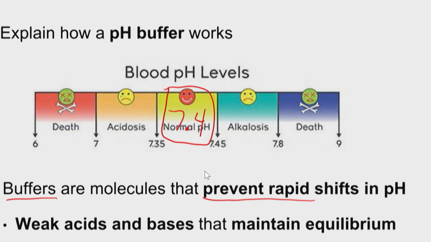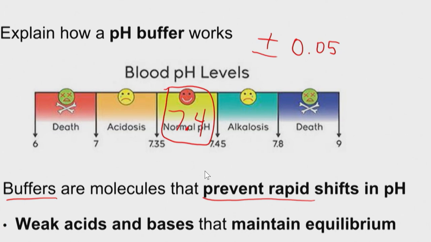When you get above 7.45 or below 7.35, so we're talking about plus or minus 0.05 change in pH, this is when your body starts to freak out and respond. This green homeostatic range is about plus or minus 0.05. If you get outside of that, your body's going to start to respond and try to correct the problem. It's going to kind of go into panic mode.